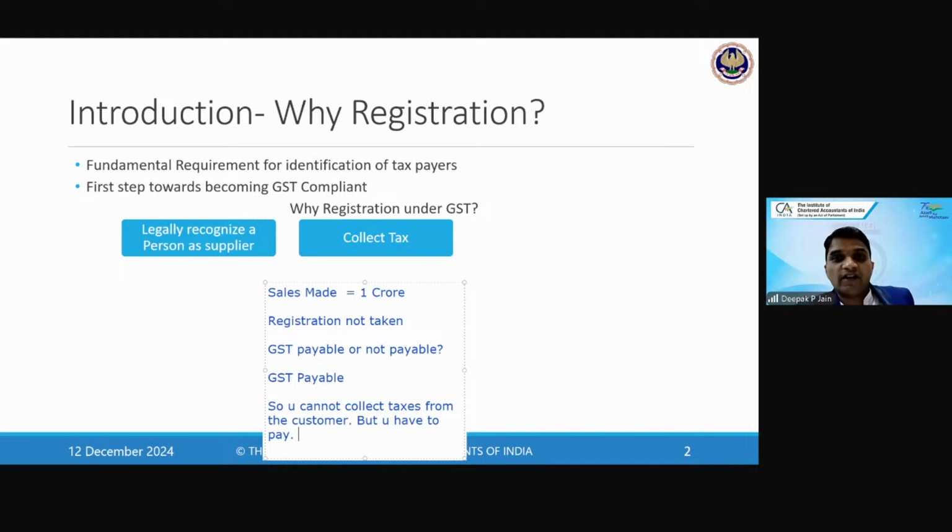Once you are registered, the advantage is you can collect it from your customer. That is the aspect on the second point. Why is registration required? Because only a registered person is given a right to collect taxes from anybody. Without registration, if you collect any taxes, that will be treated as incorrect or illegal.